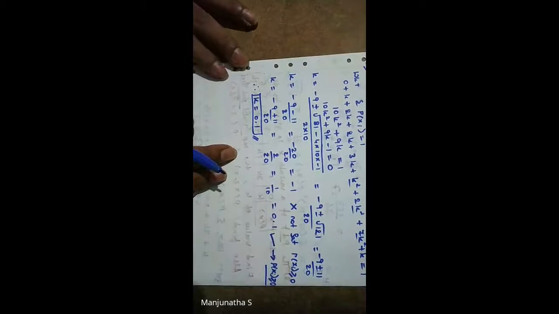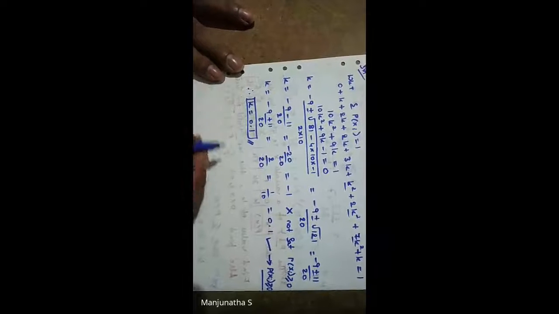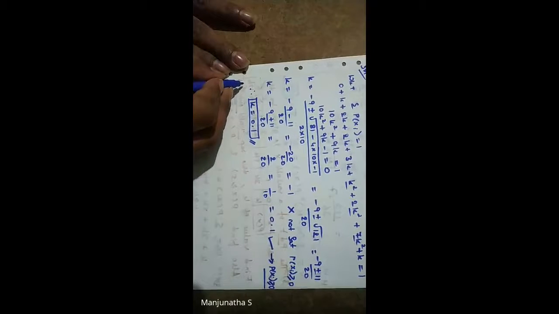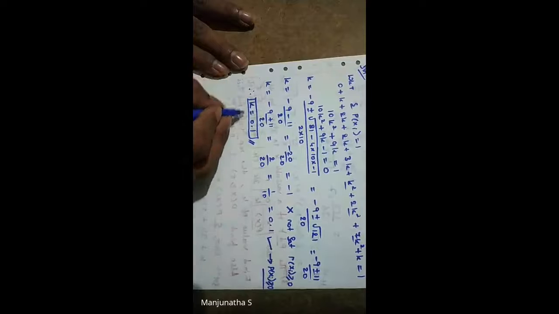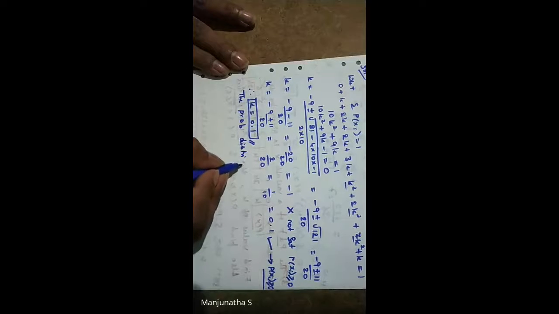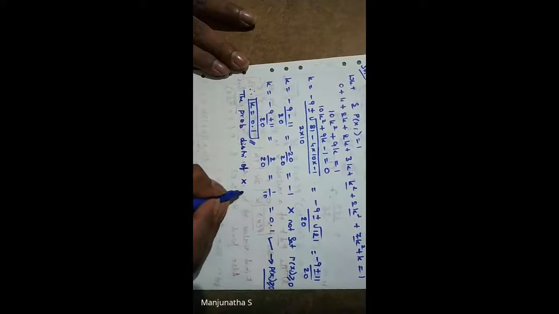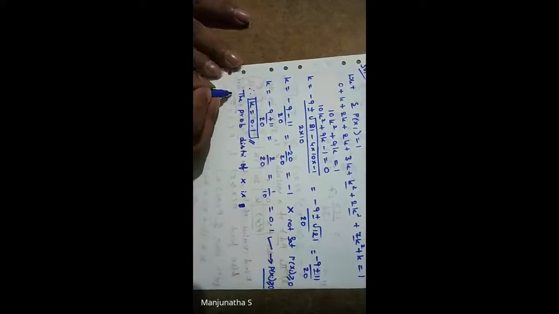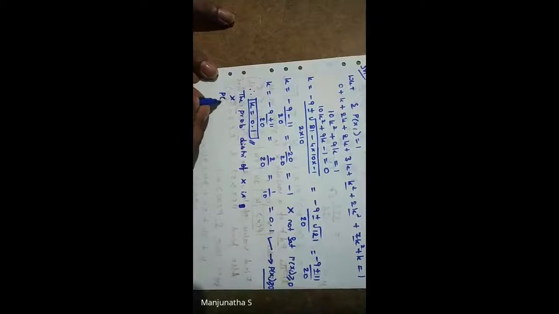Okay. So when you do that, what will we get? The probability distribution of x is x and p of x.